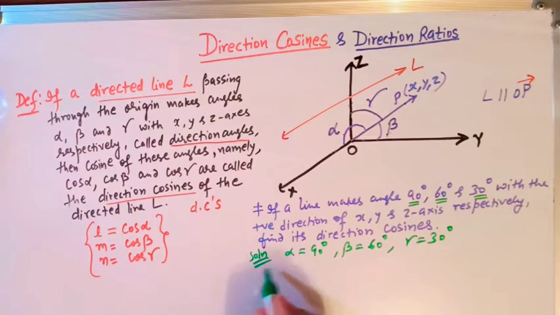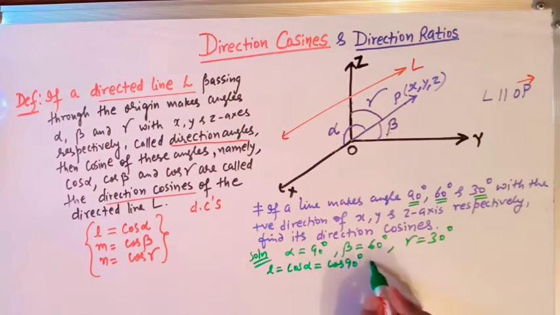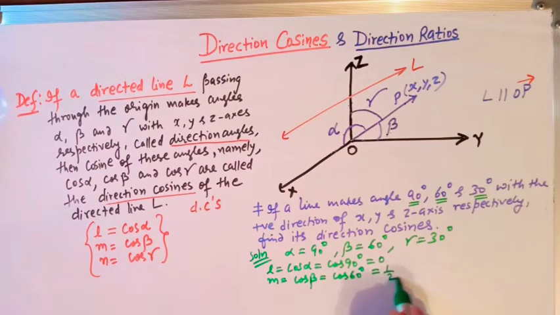So l is cos alpha, so cos alpha is cos of 90 degrees, that is 0, and then we have m, which is cos of beta, that is cos of 60 degrees, which is half, and then we have n, that is cos of gamma, that is cos of 30 degrees, right, which is equal to square root of 3 divided by 2.